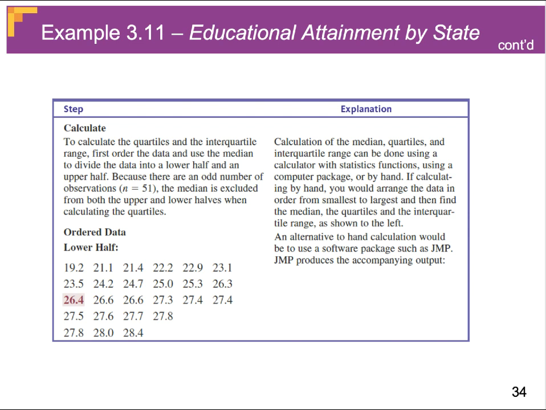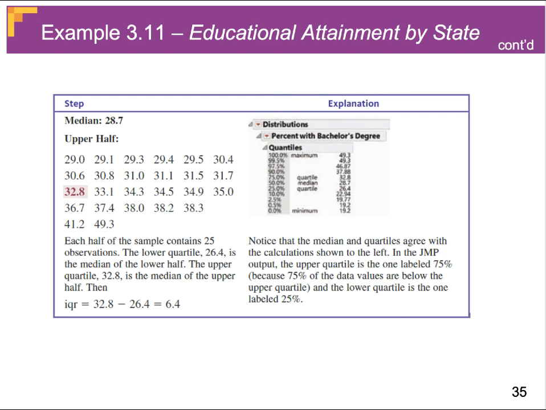In this case, the lower half would give us a median of 26.4. So that is our lower quartile. We look at the upper half and we get our upper quartile of 32.8, and the median is there at 28.7. So the interquartile range is computed by taking the upper quartile minus the lower quartile, giving us 6.4.